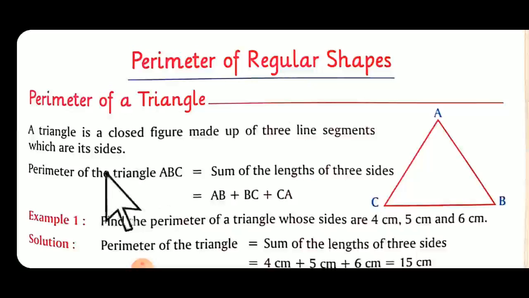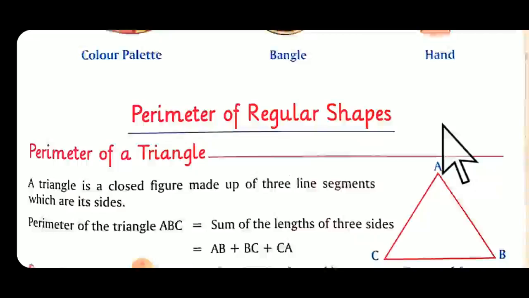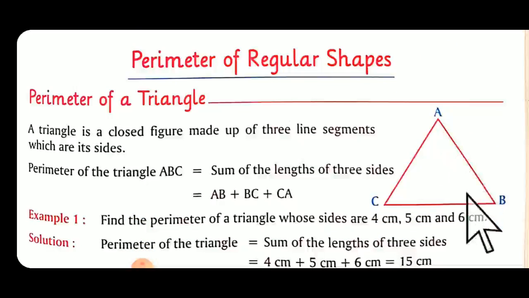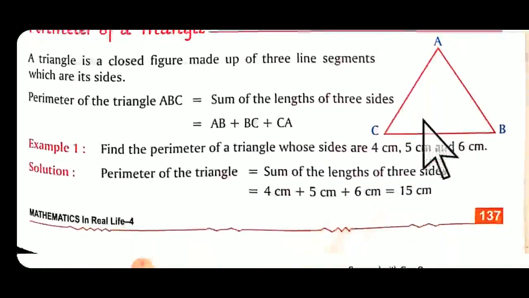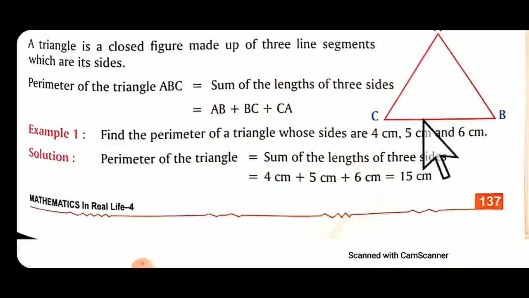Perimeter of triangle ABC will be the sum of the length of the three sides, that is AB, BC, and CA. If you add them together, you will get the perimeter of the triangle.